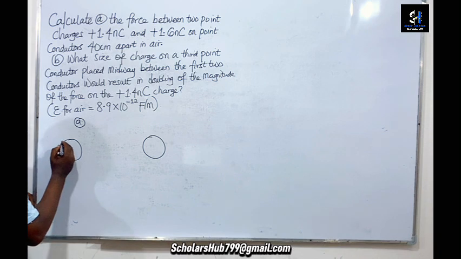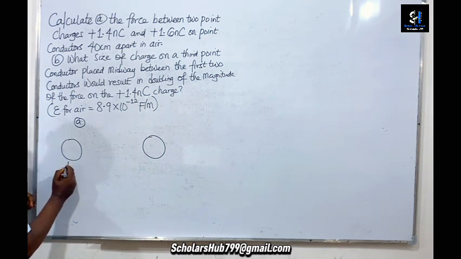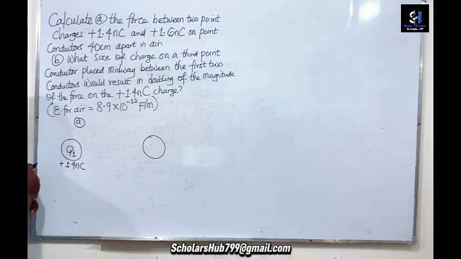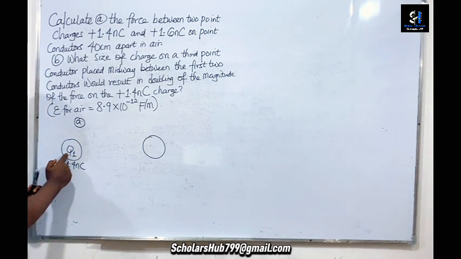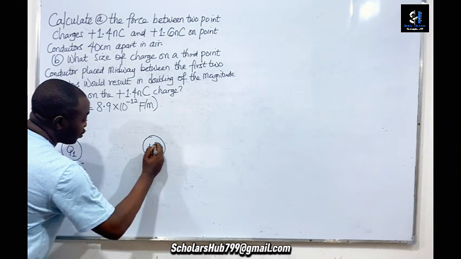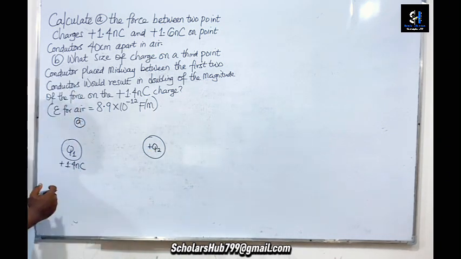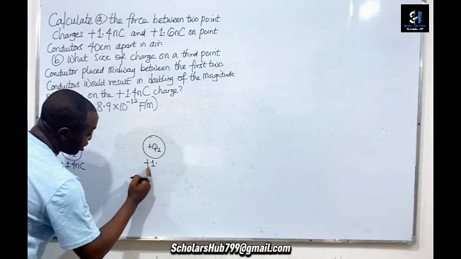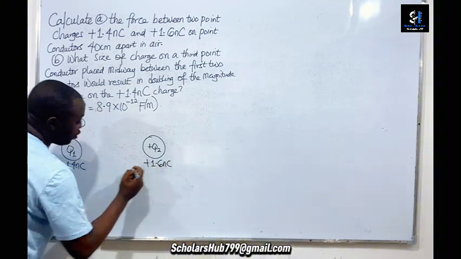The first conductor carries a charge of magnitude 1.4 nanocoulombs, denoted positive Q1. Then the second conductor carries a charge of positive Q2, and the magnitude is positive 1.6 nanocoulombs.